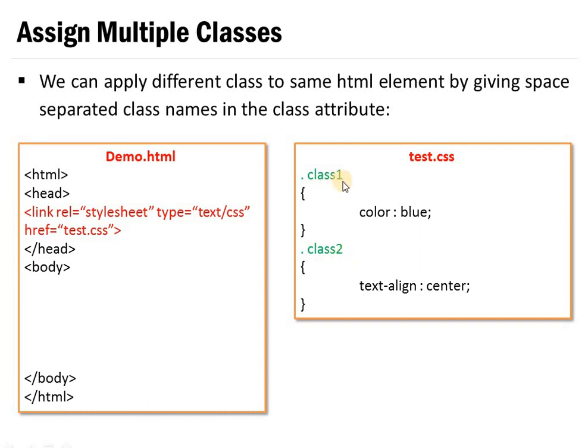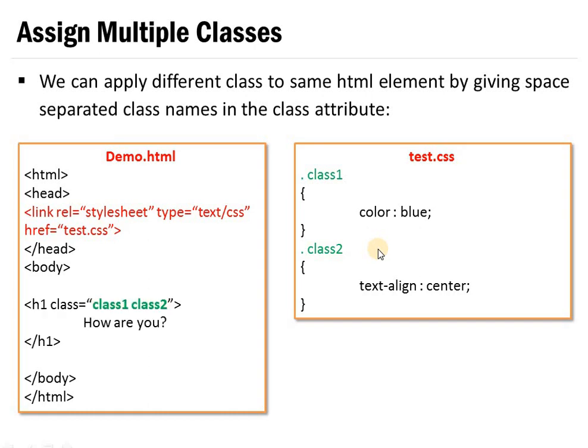In class 1, I have set one property, color, and that is blue. In class 2, the text-align property is set to center. These are two different classes.